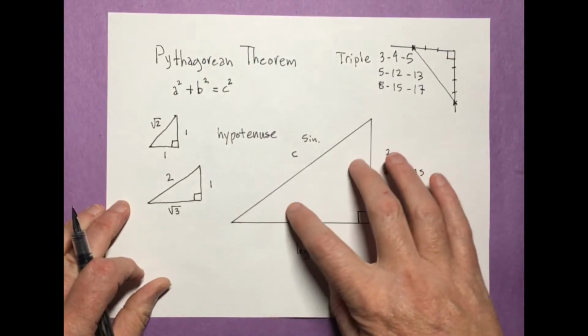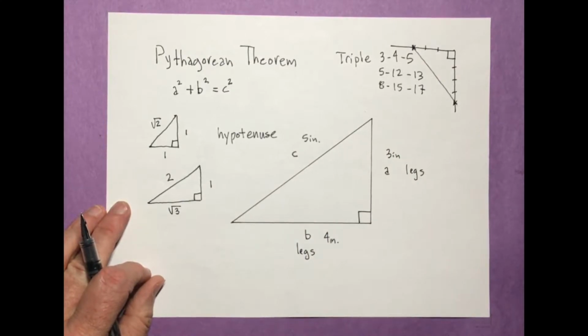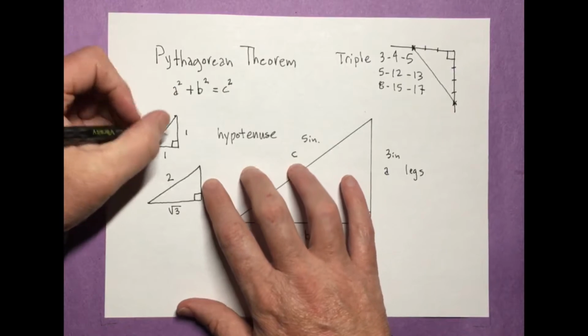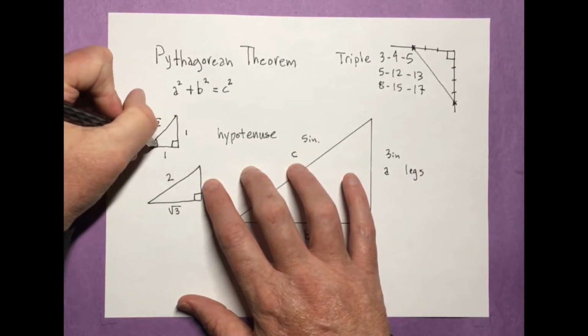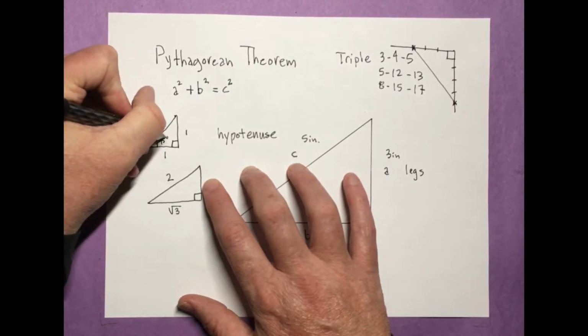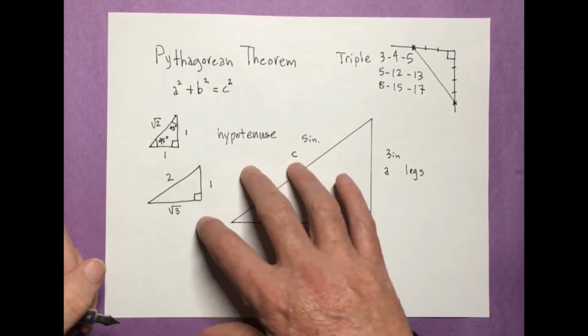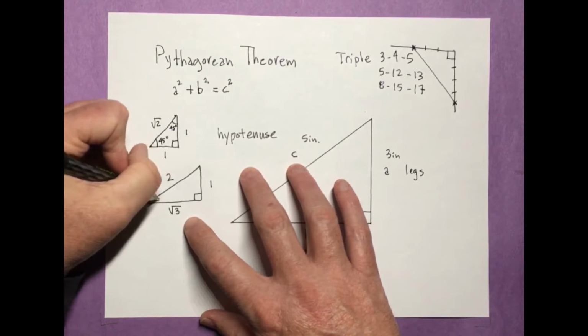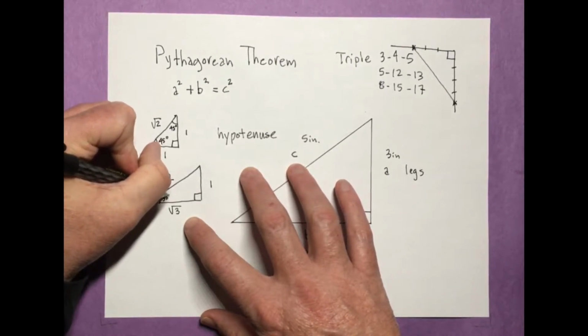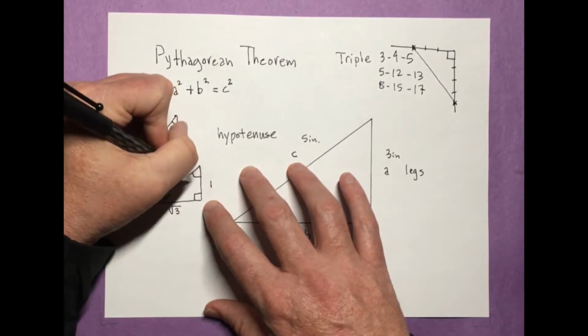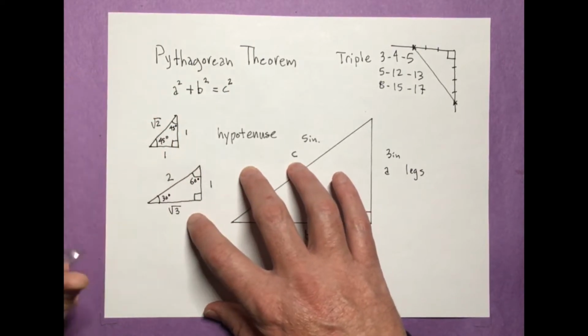The angle measures on 3, 4, 5, who cares what they are? They're ugly, like 57 point blah, blah, blah, whatever. But these here, this is nice. The angle measures in this are 45 degrees and 45 degrees. There's your 45 degree triangle. The angle measures here, this one is 30, opposite the 1. And this one is 60 degrees, opposite the root 3.